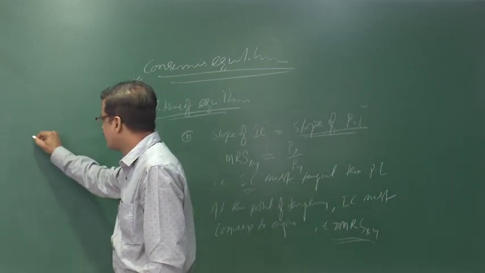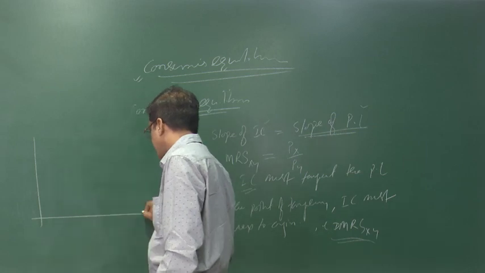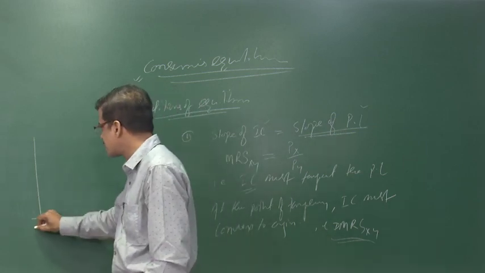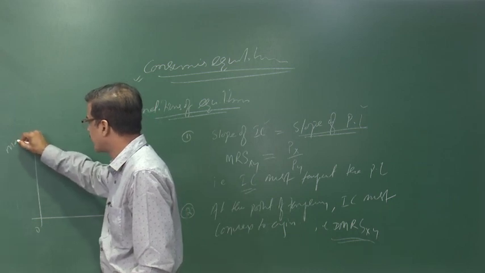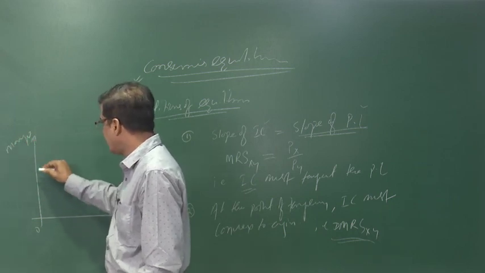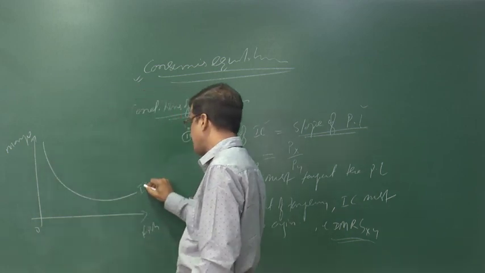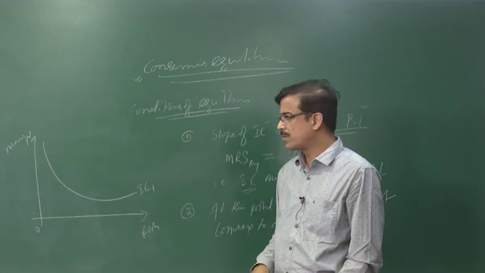Let us say we trace the indifference curve. On this axis we take the fish, on this axis we take the mango, and we are considering a particular indifference curve, let us say IC1, indifference curve 1.